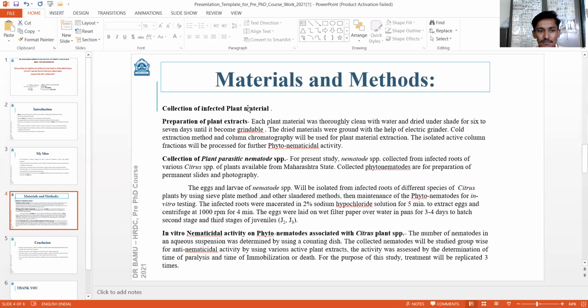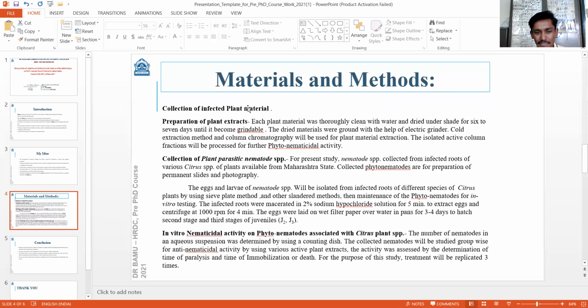For this topic, I use some materials and methods, with a few steps. The first is the collection of infected plant material.